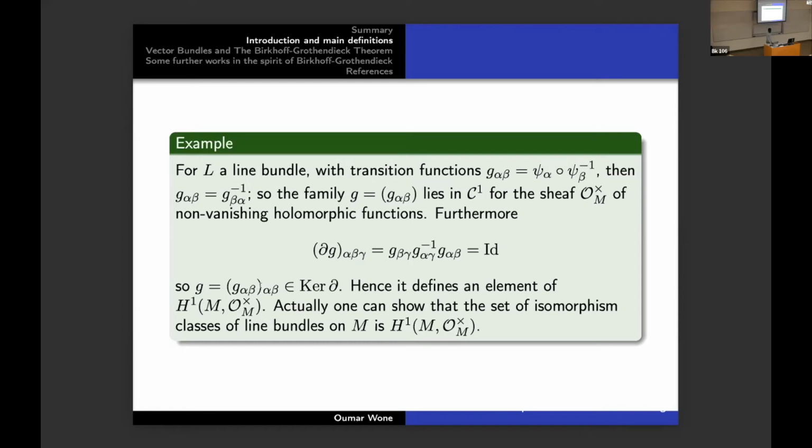So g_alphabeta lies in the kernel of nabla, and this defines an element of H^1 of M with coefficients in the sheaf of non-vanishing functions on M. And moreover, one can show that the set of isomorphism classes of line bundles on M is exactly this cohomology group.